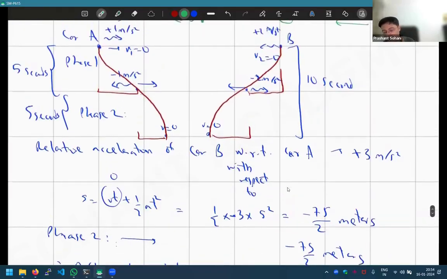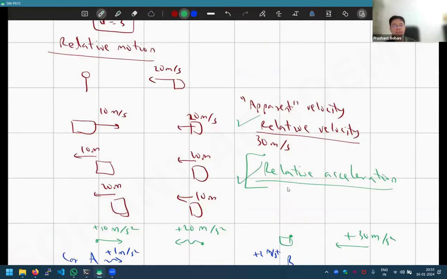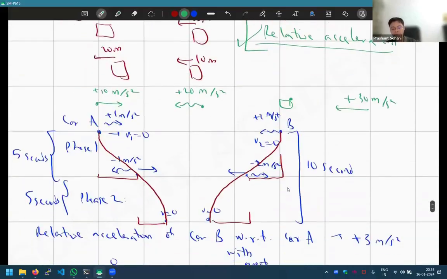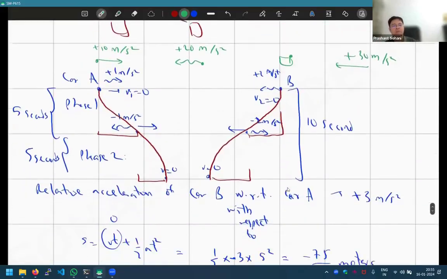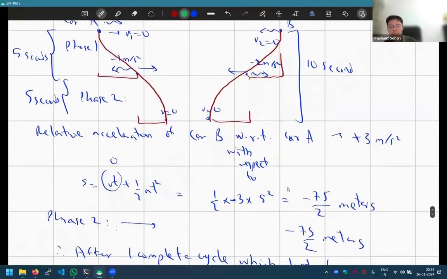First is the idea of relative motion, relative velocity, relative acceleration, so that we analyze everything from the point of view of car A. Otherwise, what would you have to do? You have to calculate this same formula S equal to ut plus half a t square separately for car A, separately for car B, and then add them together. But instead of that, by looking only from car A's point of view, I have to apply this equation once.